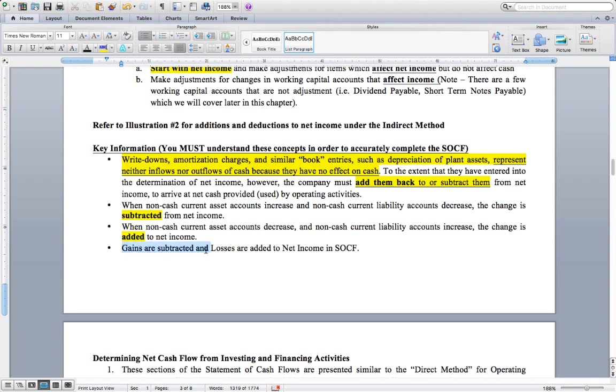Lastly, gains are subtracted and losses are added to net income in the statement of cash flows. This is done under the net cash flow from operating activities section, and you will see in illustration number 2 when a gain or a loss decreases or increases the net income balance used in that section.